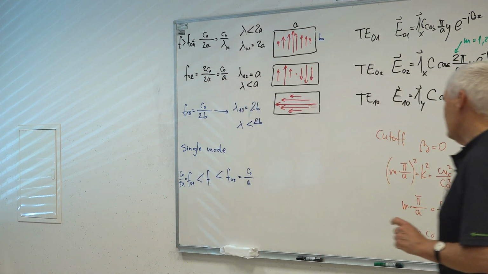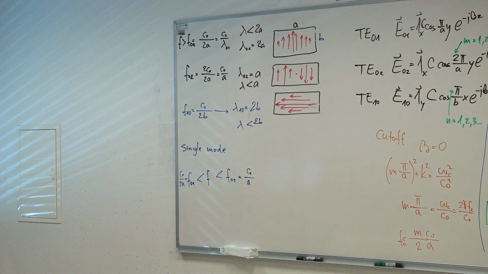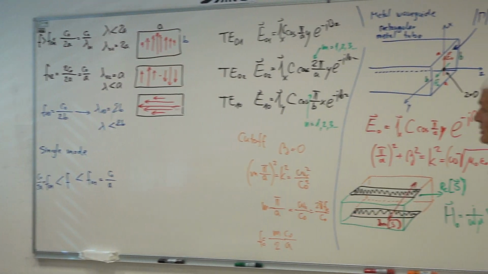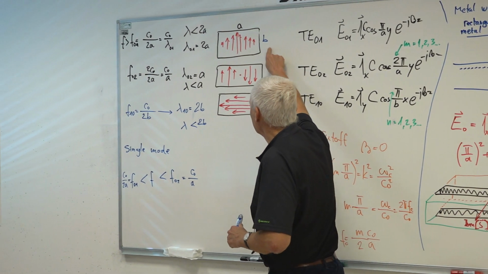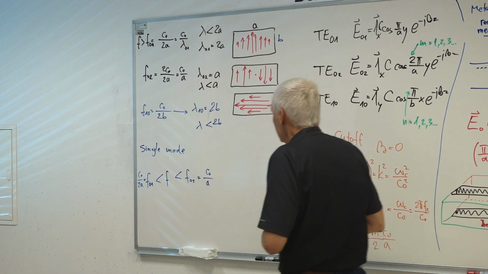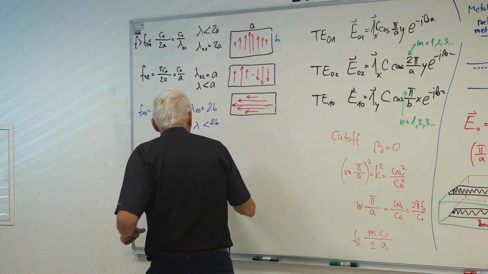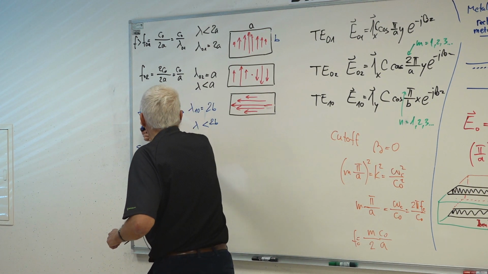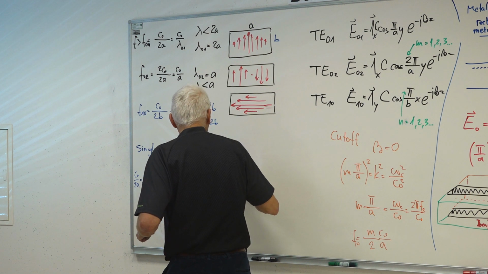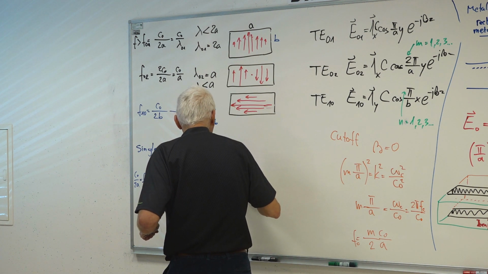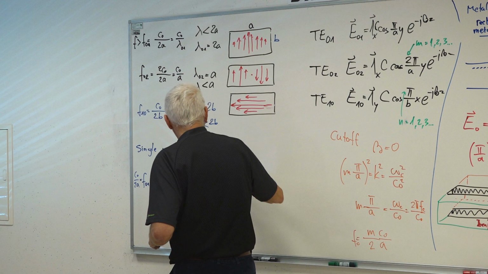So in the frequency range 1 to 2, I'm single mode. And now what choice makes sense for b here? It makes sense that f10 is also equal to C0 over 2b. It makes sense.